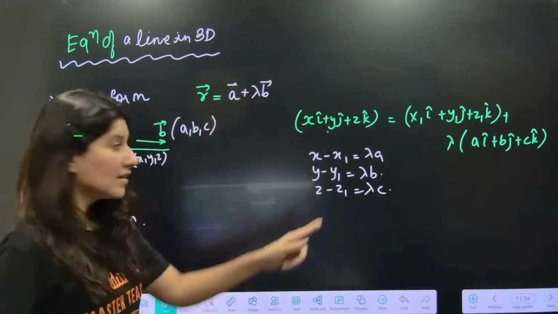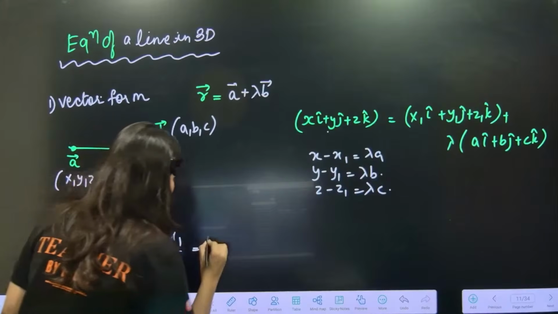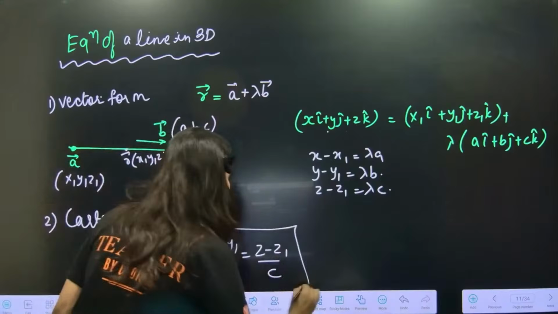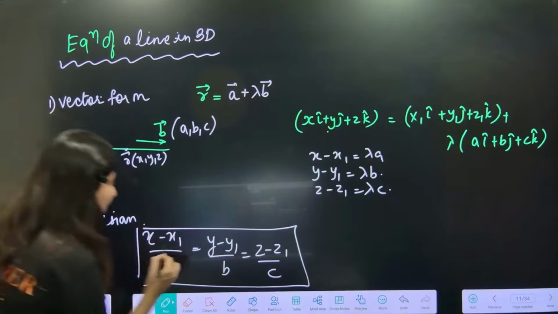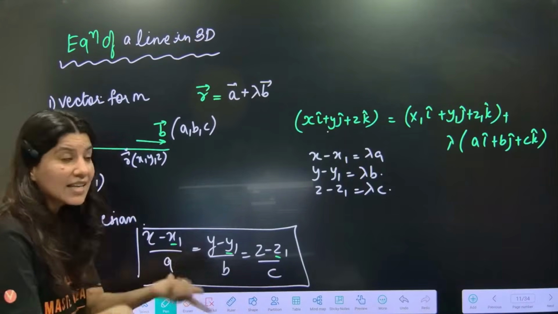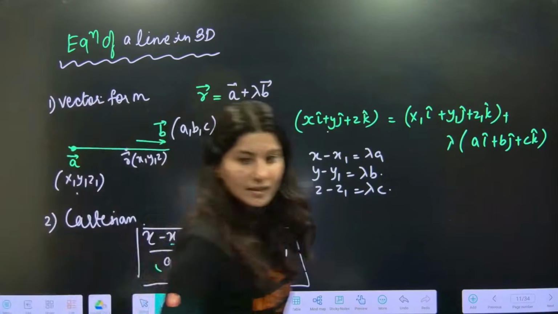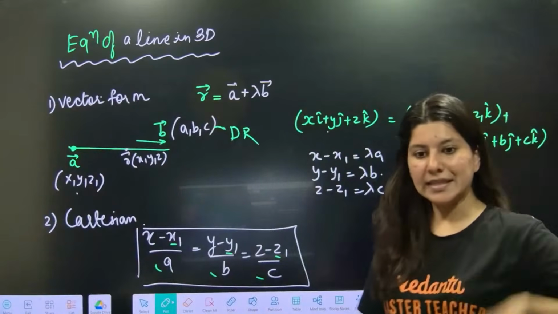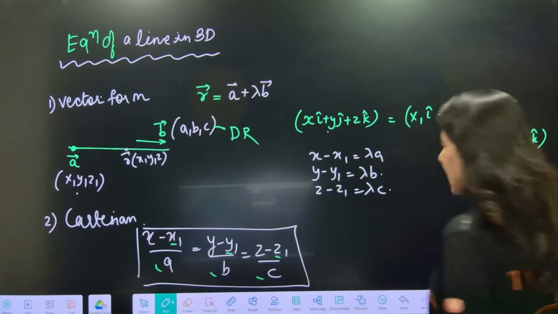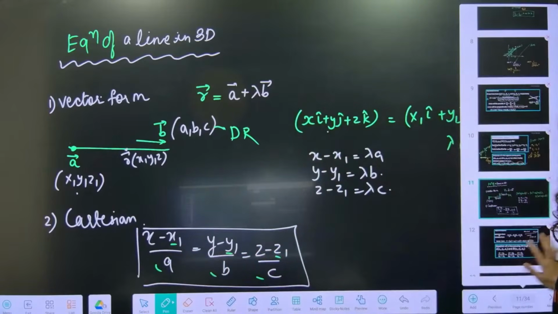So if you leave lambda on the right hand side and write x minus x1 upon a, y minus y1 upon b, z minus z1 upon c, this will give you the equation of a line passing through x1, y1 and z1, and which has direction ratio a, b and c. Okay, got it? Yes, everybody? So the equation of a line when a point and a direction ratio are given to you, you can write very easily.